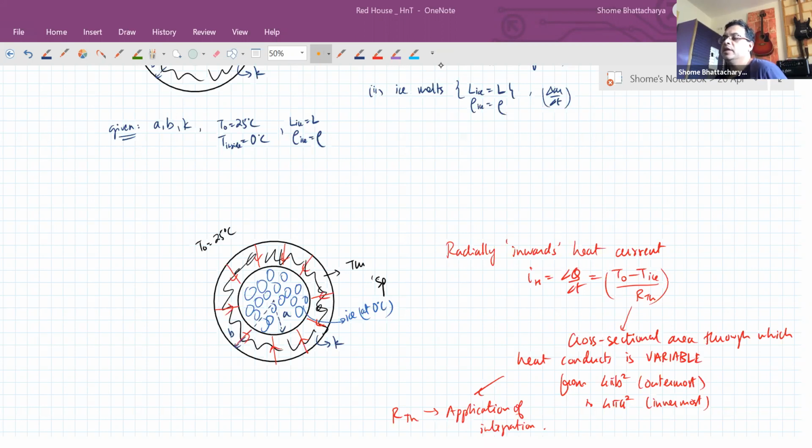Okay. So just like for integrating moment of inertia for a solid sphere or thick spherical shell, you would slice it into thin shells placed concentrically one on top of the other, like the layers of an onion. So like that, you have to slice this thick spherical shell into thin shells of thickness dr, one on top of the other, and the heat is cutting across each of these shells one after the other, so they are in series combination.